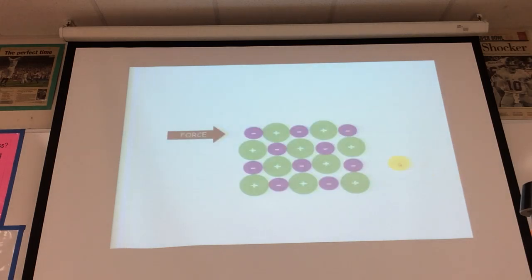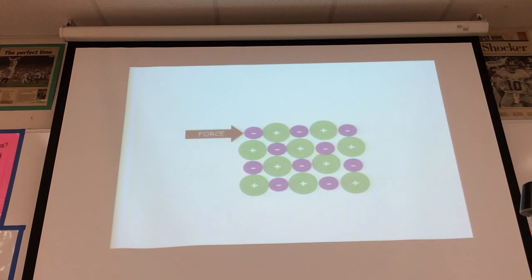So here we have our alternating lattice structure. We have our anions and our cations alternating to form this regular lattice structure. Remember, the lattice structure is normally three-dimensional. Well, it is three-dimensional, but I've just represented it here two-dimensionally to explain what happens when a force is applied.